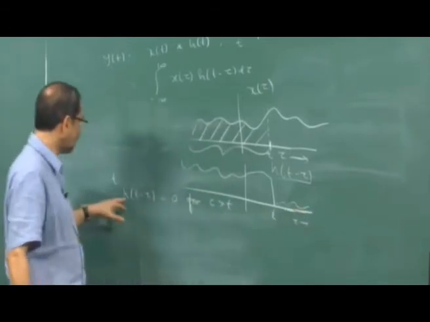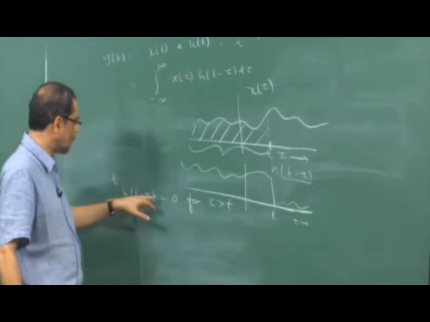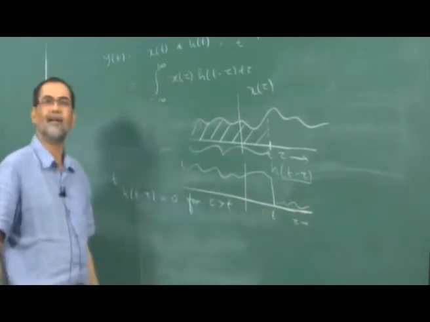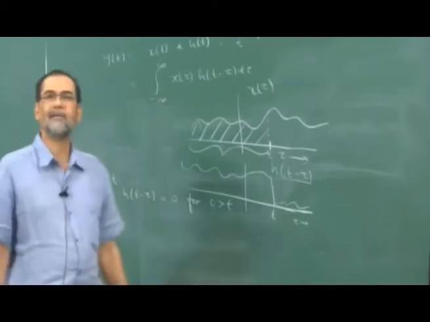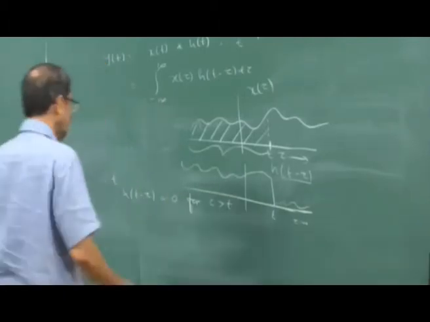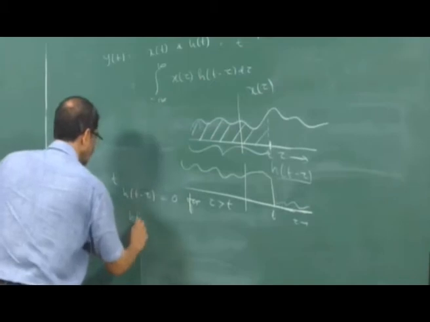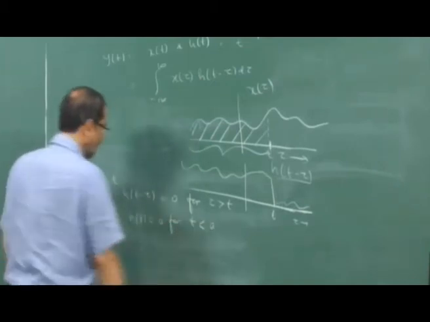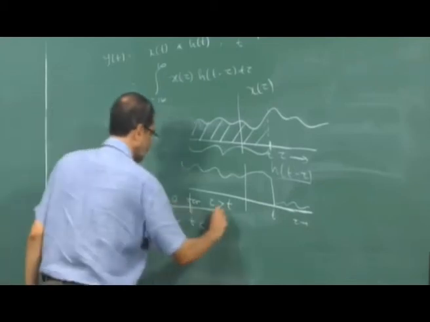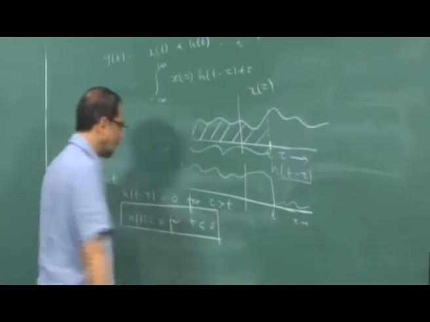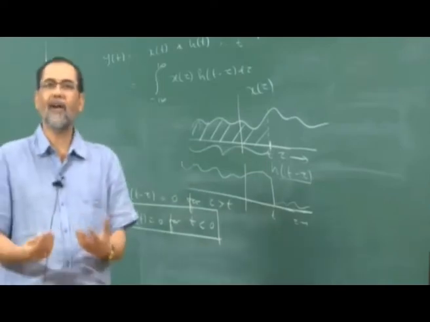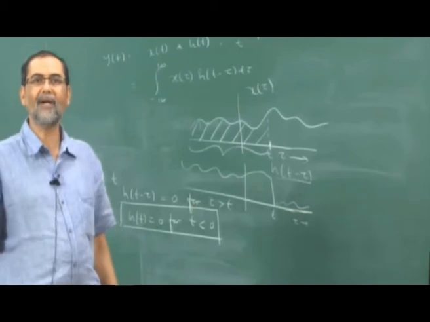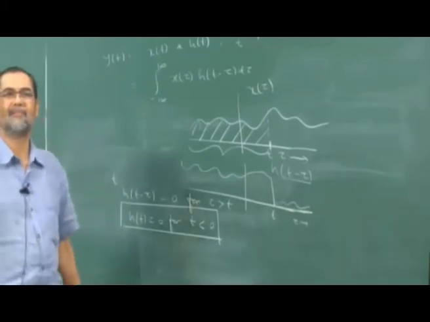I'm saying h of t minus tau should be 0 for tau greater than t. This is the same as saying h of t should be 0 for t less than 0. This condition will ensure that. If the impulse response is defined only for non-negative time, that's a causal system.